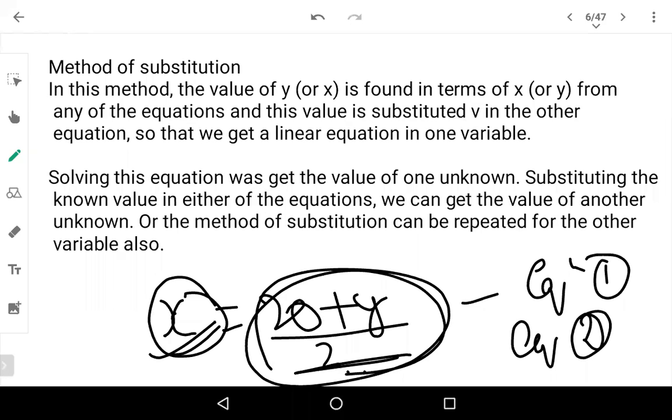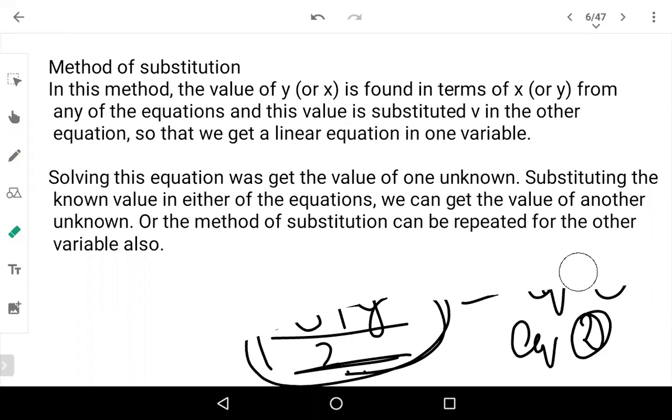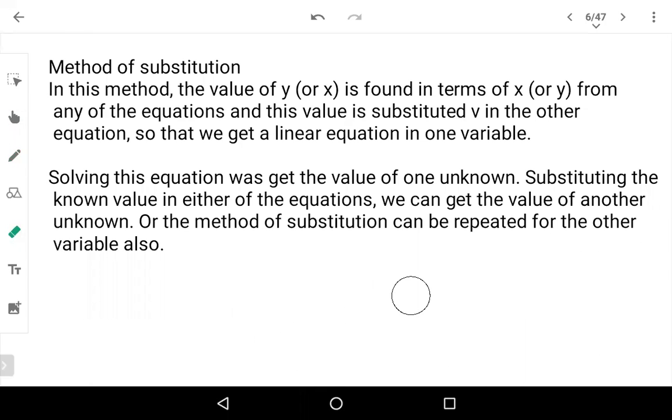Okay, so solving this equation, we get the value of one unknown, either x or y. Substituting the known value in either of the equations, we can get the value of another unknown, or the method of substitution can be repeated for the other variable also. Now let's quickly go to a problem that will help you understand it easily. That is the method of substitution.